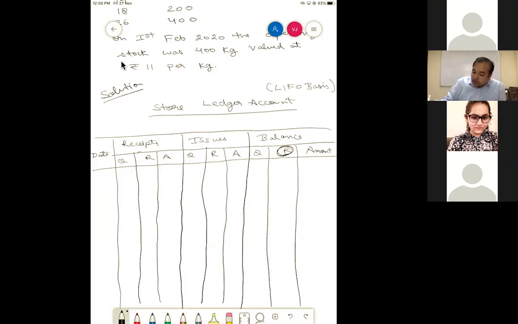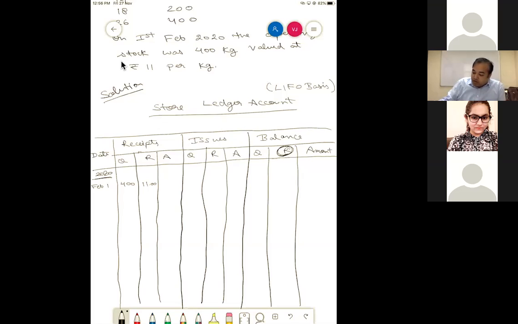So let us start with 2020. All dates are of 2020. First one is your February 1. February 1, what was your opening balance? Quantity was 400 kg, and rate was 11 per kg. So I will not write 11.00. This first question I am writing, then the rest we can just write 11.